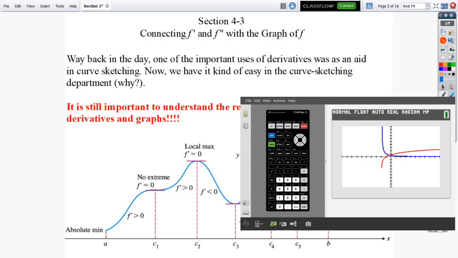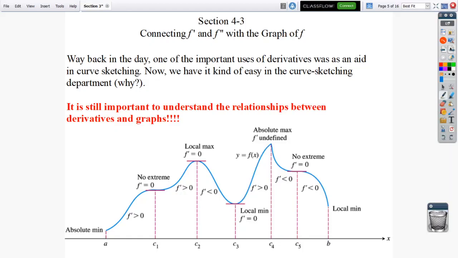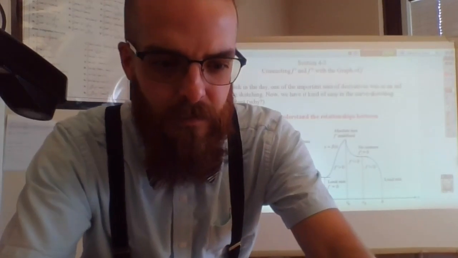We have a graphing calculator that will do all of the work for us, although that's not really that cool. It's not really fun to use our calculator to analyze graphs. So we want to be able to do all the stuff that our calculator does, but it sounds smart when we do it.